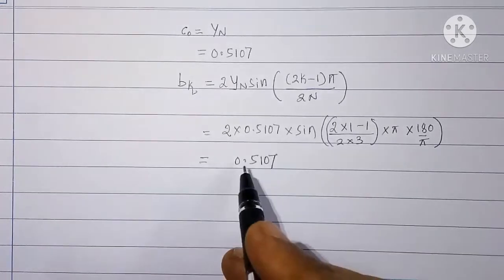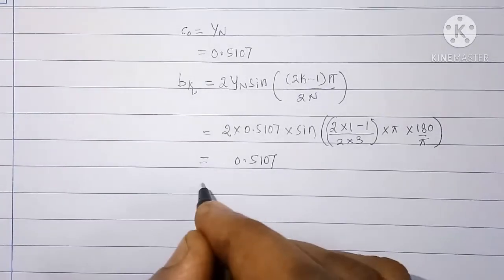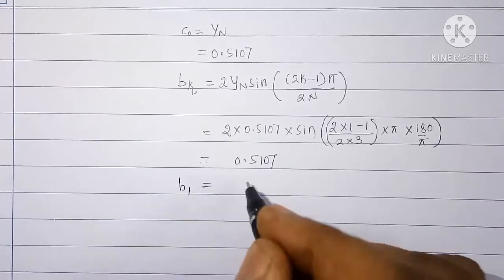But for k equal to 1, bk is equal to b1.